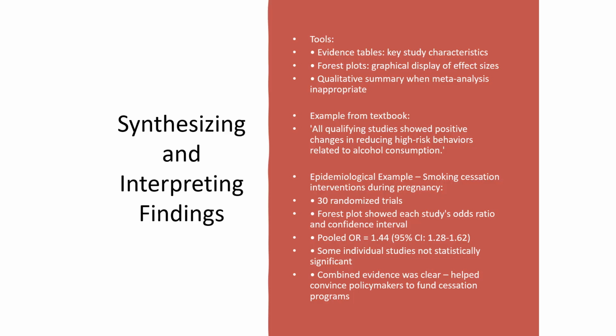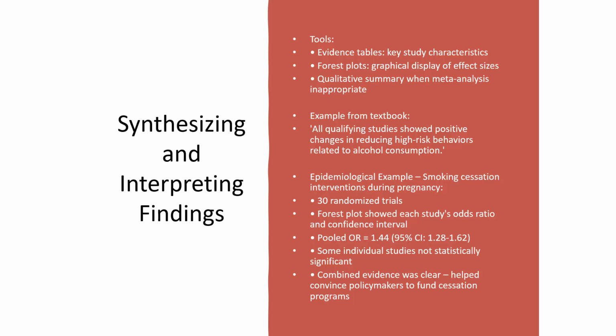Let me give you an example. A systematic review of smoking cessation interventions during pregnancy pooled 30 randomized trials. The forest plot shows each study's odds ratio, the odds of quitting in the intervention group divided by the odds in the control group. Some individual studies had confidence intervals that crossed 1.